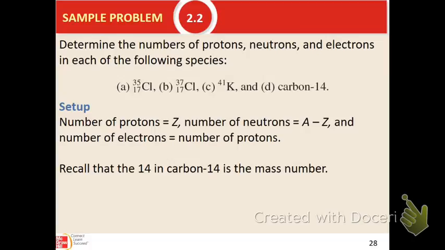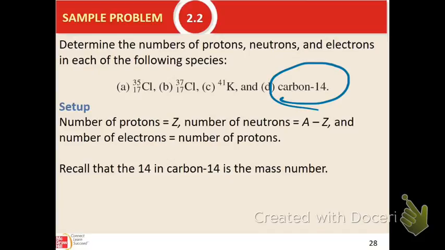Please notice one more thing real quick here before we move on, how they have written carbon 14, and this is the proper way to write the name. Notice that they've written the mass number behind it. There are two different isotopes of carbon. There's carbon 12, that's the most common carbon that we're used to, and then there is carbon 14.